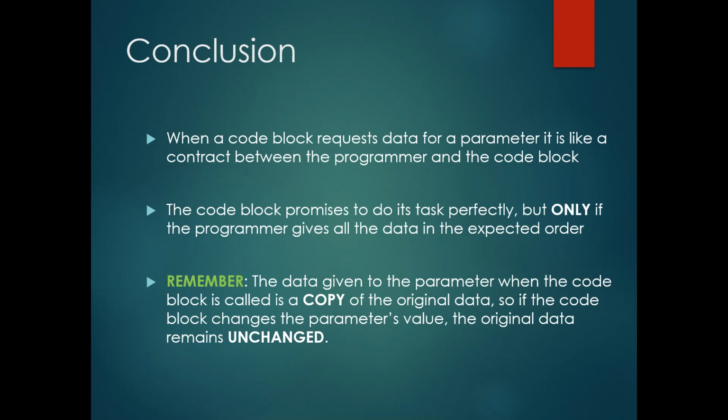If the code block changes that parameter's value, the original data remains unchanged. The data outside of the method, outside of the code block, it remains unchanged. It's completely fine. And that's what we want you to remember coming out of this. Okay, so that is our review on scope and parameters. Next, we move on.